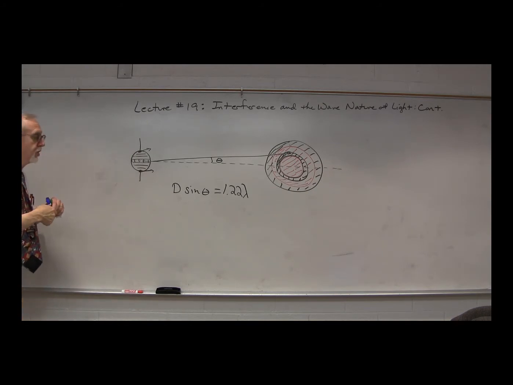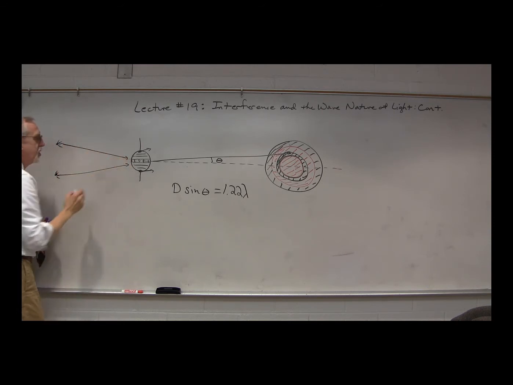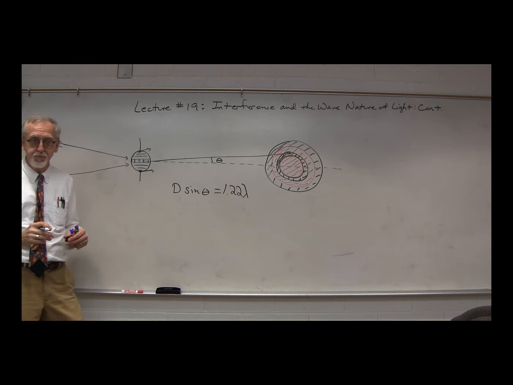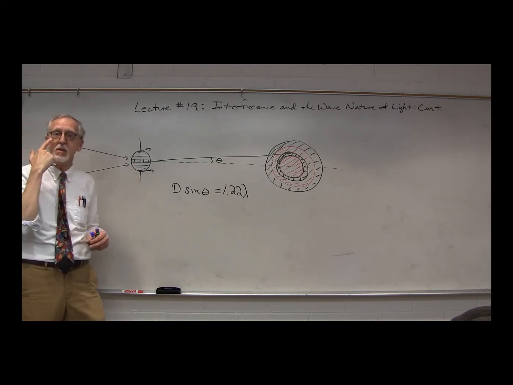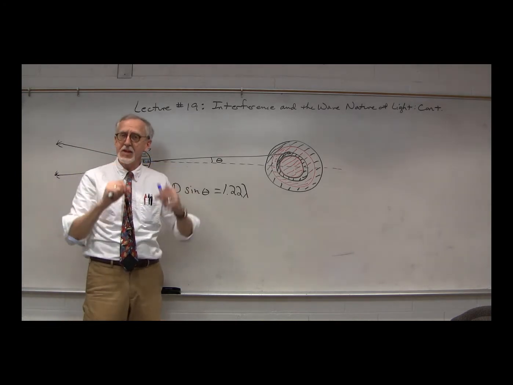Maybe this is, say, two stars in the sky, for example. So we've got these two stars giving off light. They both have light coming through this same aperture. Now, this aperture maybe is the pupil of your eye, or perhaps it's the round aperture of a telescope.